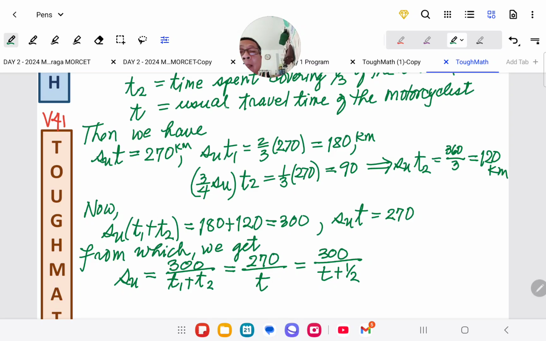Maybe I can add it here, just for emphasis. So also T1 plus T2 is equal to T plus 1/2 hour or 30 minutes.